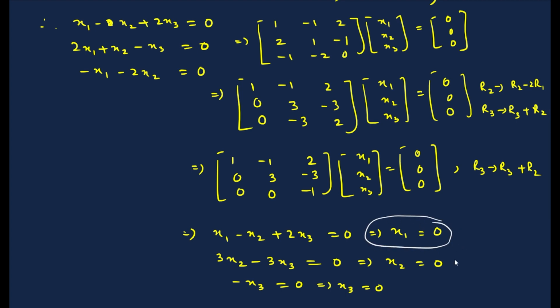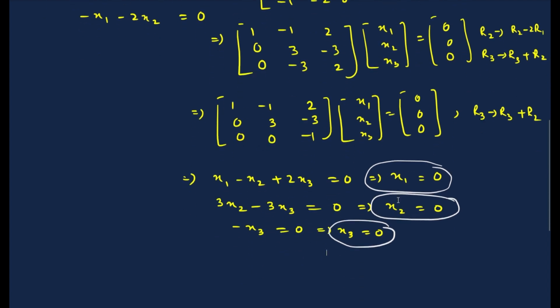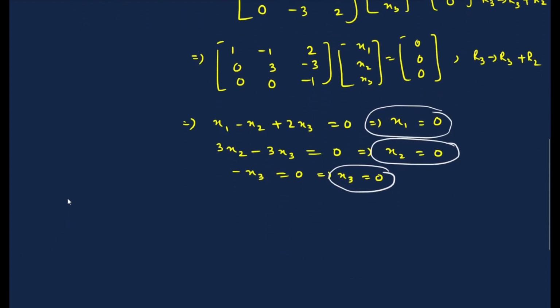What is x1, x2, x3? Our x1, x2, x3 is u. We have taken u as x1, x2 and x3. So this is an element of N of T, but this particular element is now coming as 0, 0, 0. Whatever values you take for x1, x2, x3, finally it will come to 0, 0, 0.